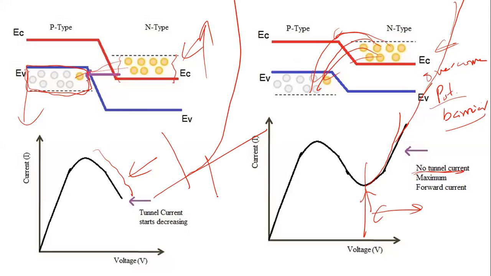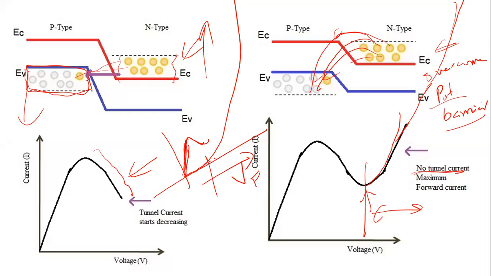But what happens in the tunnel diode is that even below this knee voltage, just above zero, you have a tunneling current. And then as you increase the forward voltage further, the misalignment of the conduction band of the n-type and the valence band of the p-type will occur, and then the tunneling current will decrease.